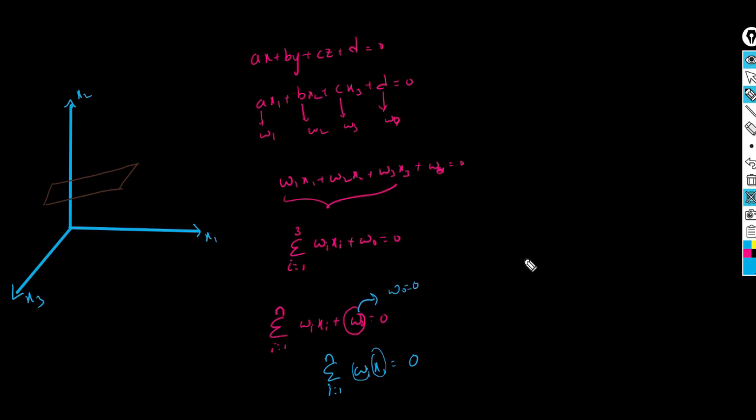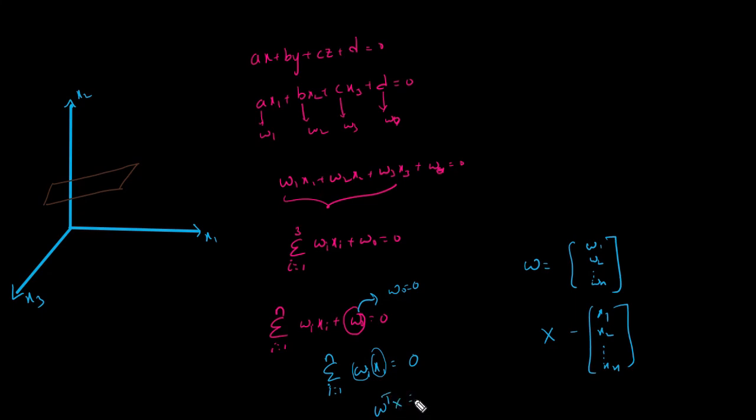The vector representation in matrix form is w equal to w1, w2, up to wn. Similarly, x will be x1, x2, and so on up to xn. The element-wise multiplication now becomes a dot product. That means w transpose x equal to 0.